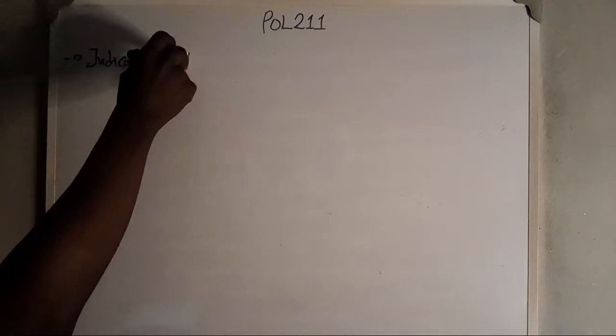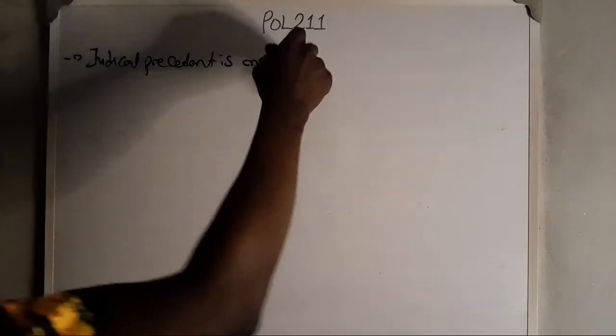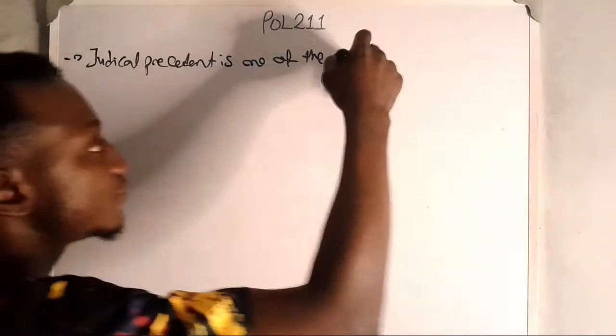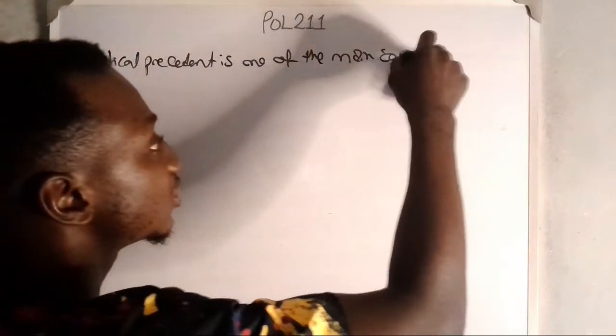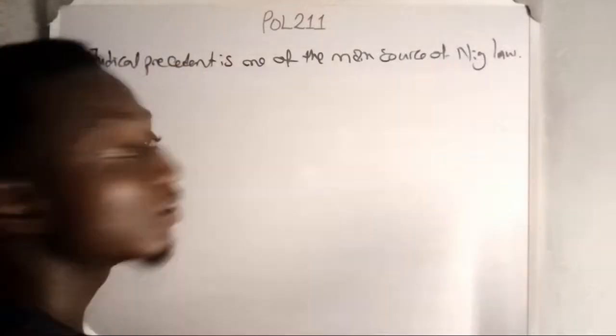Now we have the case law. What we need to understand here is that judicial precedent is one of the main sources of Nigerian law.